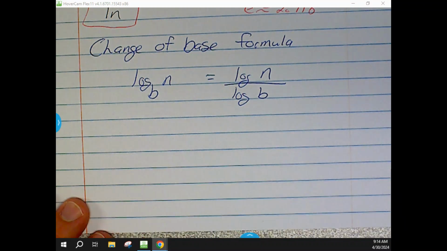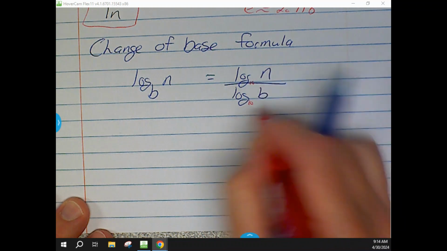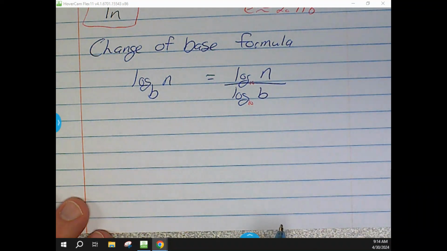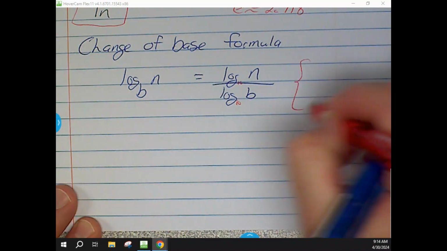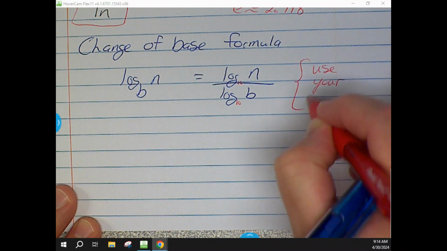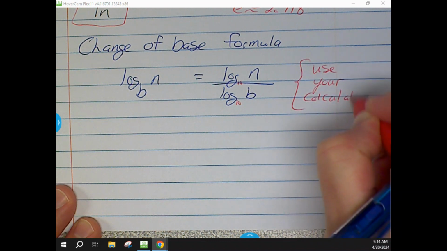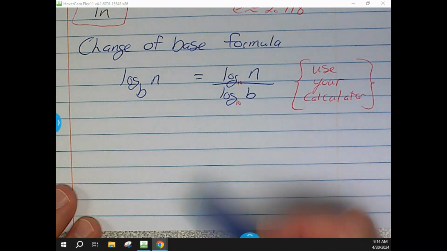And with both of those, we're going to make them both base 10. And if they're base 10, then you get to use your calculator. So if we can get them both in base 10, we can do that.